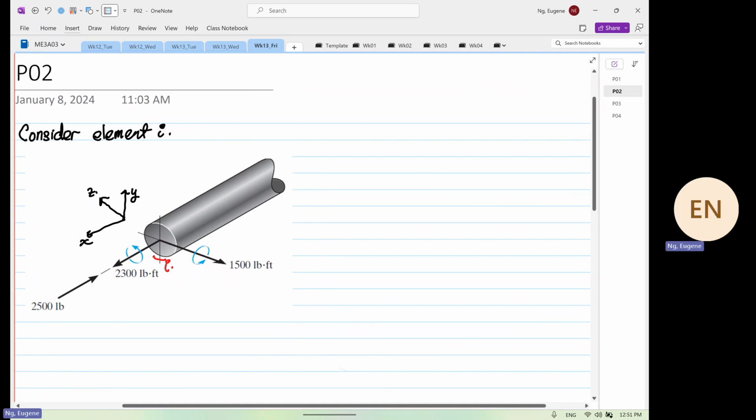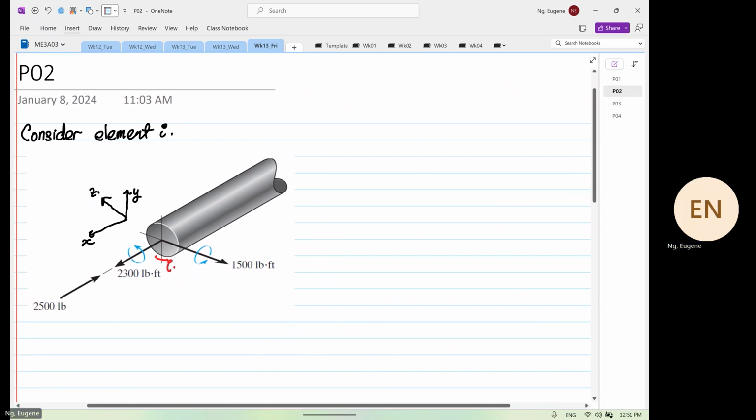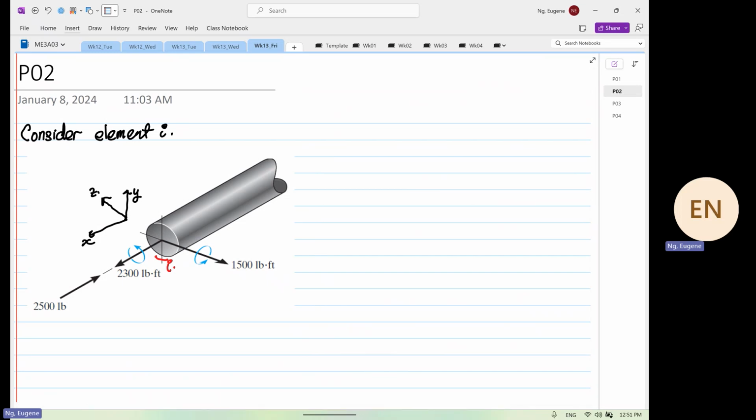So now if we were to sketch, just a sketch, how the element will look like, based on the transformation that we have, following this transformation over here.